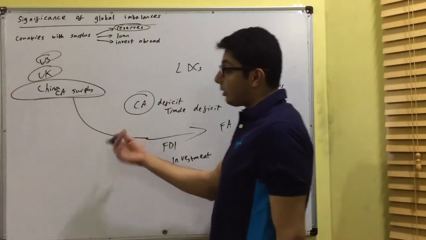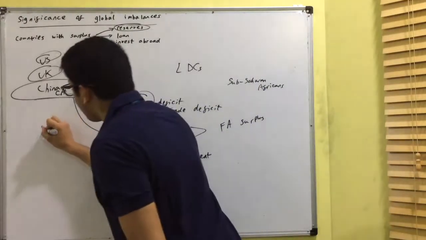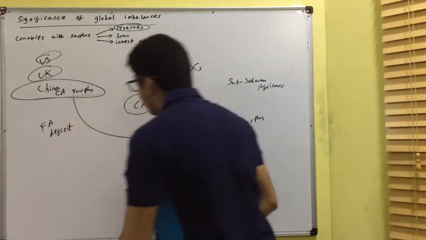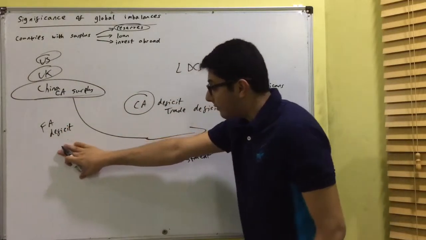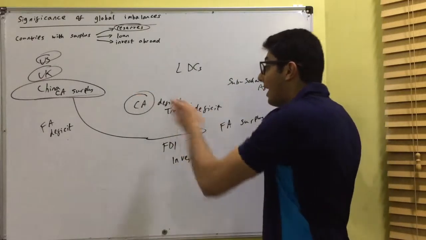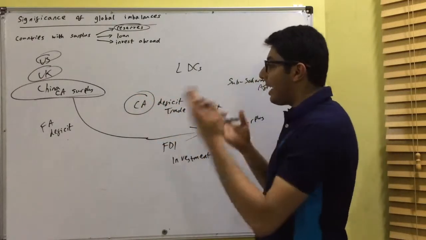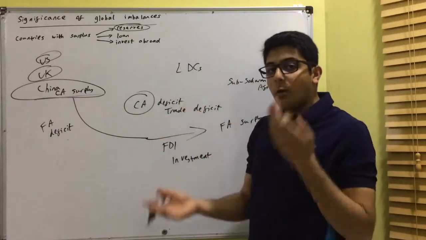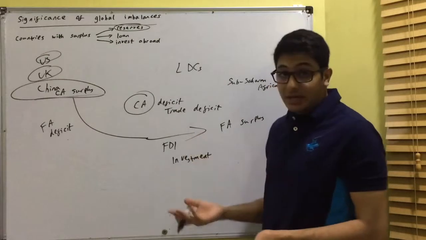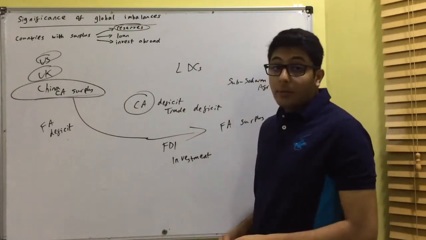Okay? Countries like China may run a financial account deficit because of all the investment outwards into other countries. So we have imbalances here, but those imbalances are somewhat supporting or complementing each other. So it's not that significant in this case, and it's actually quite beneficial.